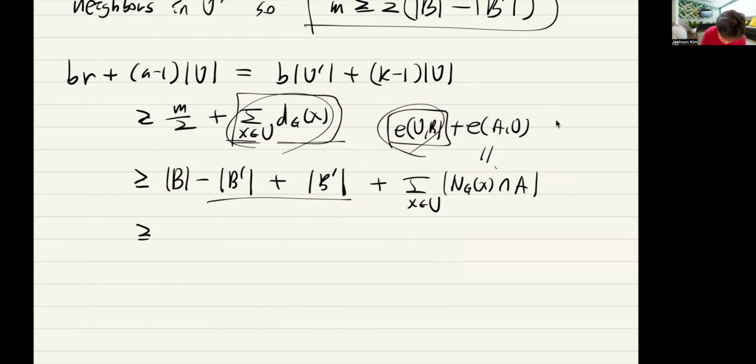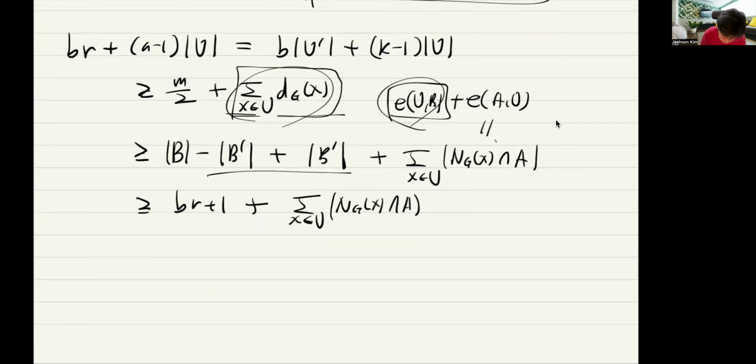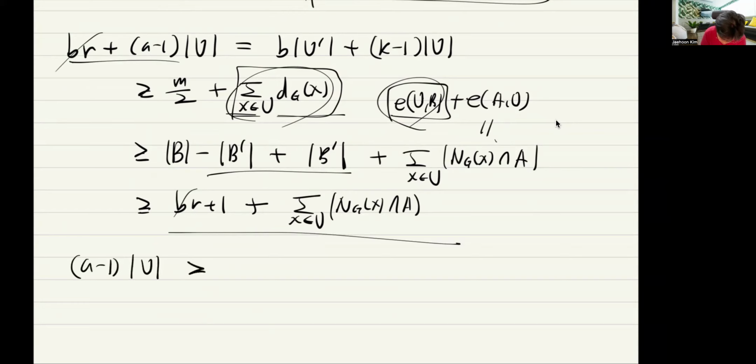And the size of B is what? B times R plus 1. And for all vertices in U, you add degrees towards A. And from here, what do you know? A minus 1 times U is bigger than the summation of all degrees towards A plus 1.